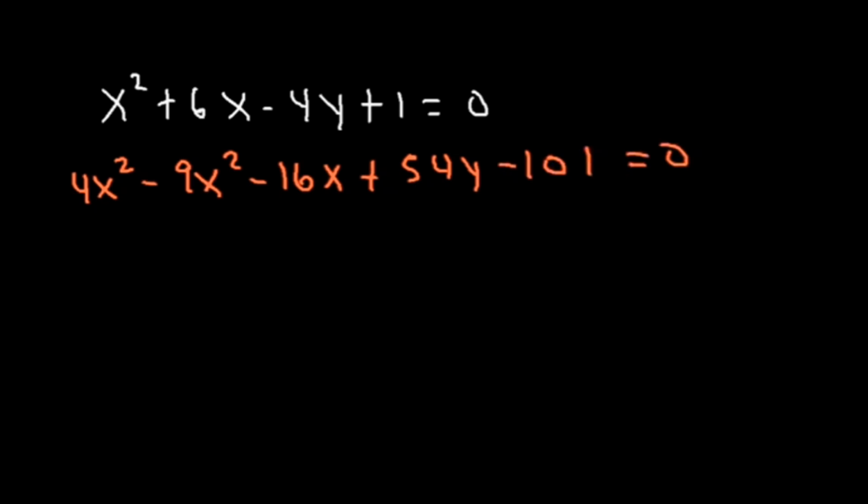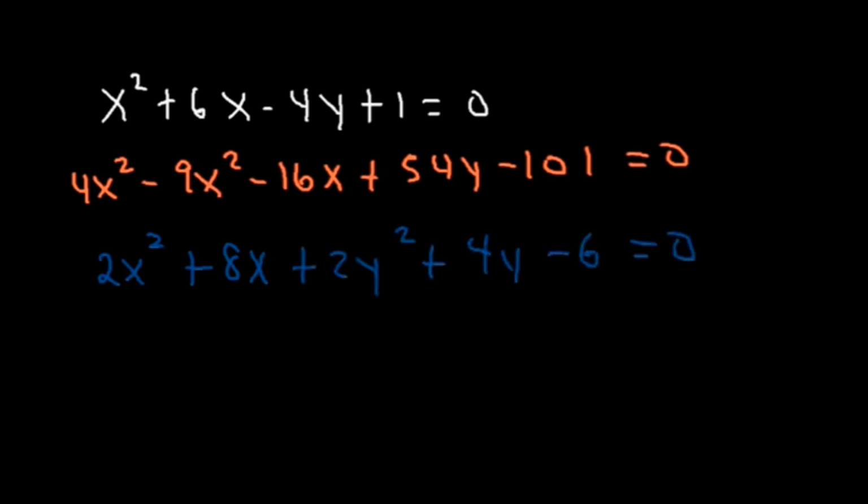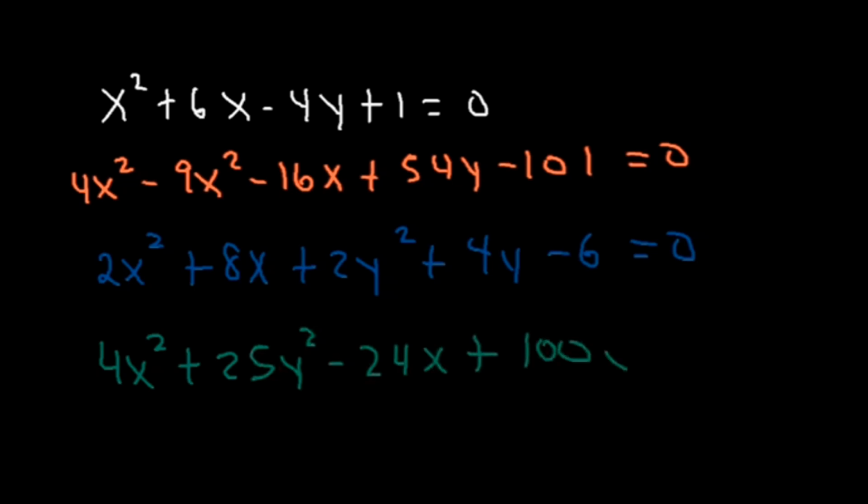And then this one is 2x squared plus 8x plus 2y squared plus 4y minus 6 equals 0. And the last one is 4x squared plus 25y squared minus 24x plus 100y plus 36 equals 0.